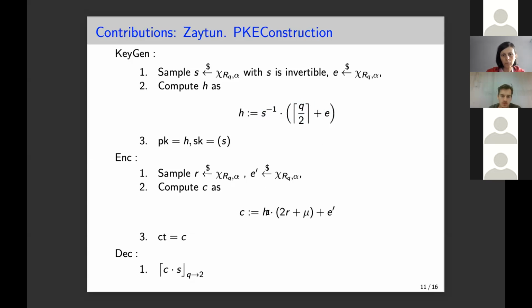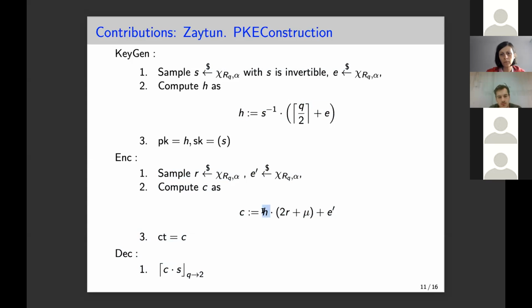After that, what the problem is that you have compressed H. Therefore the C is H times 2R plus mu plus E prime, and plus H is the decompressed one.